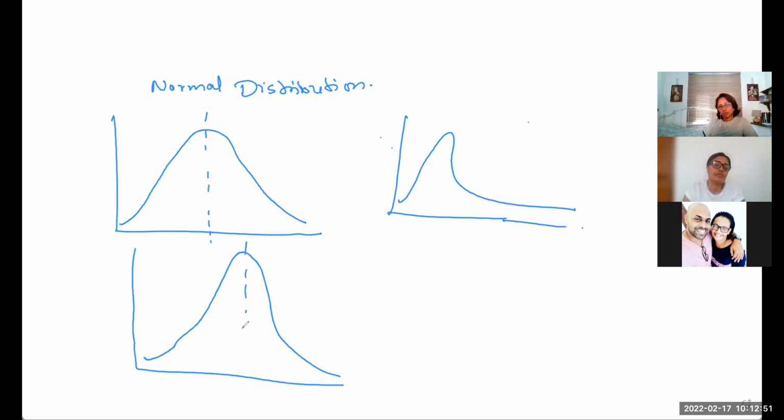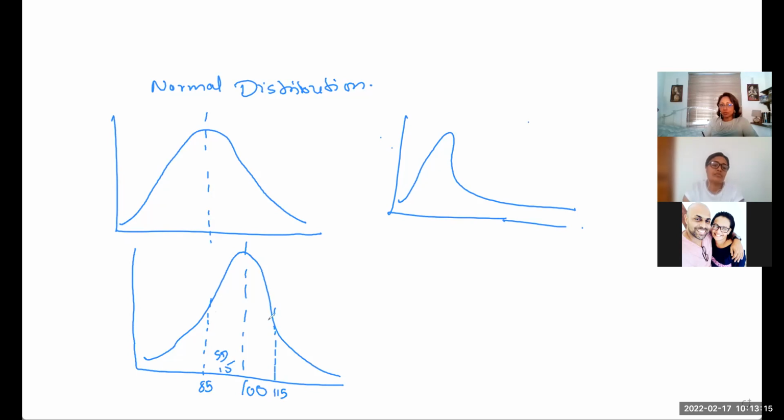So the mean of IQ is at 100 and the SD, standard deviation, is 15 for IQ. So one standard deviation below the mean is 85 and one standard deviation above the mean is 115.